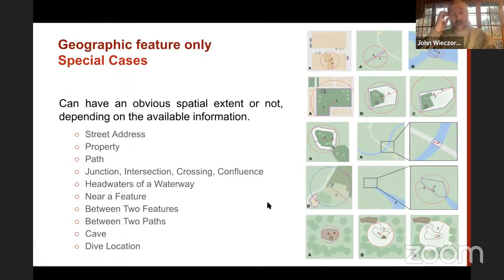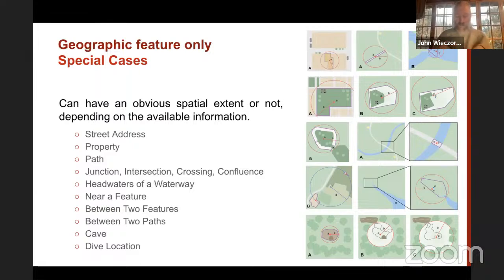Then, sadly, we have situations where somebody didn't use our best practices or locality descriptions, and a place is described as near a feature. It's not the feature itself, but it's somewhere around it. That happens. Another one that's not so bad at all, actually, when we think about it, is between two features.